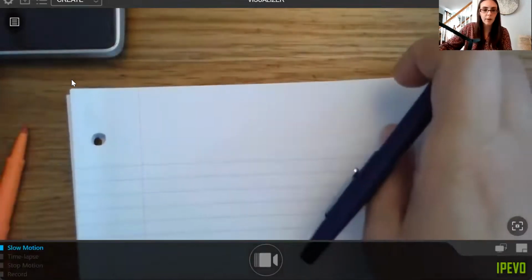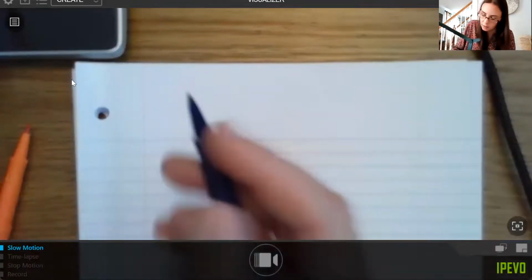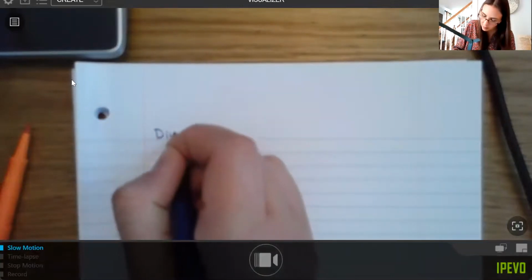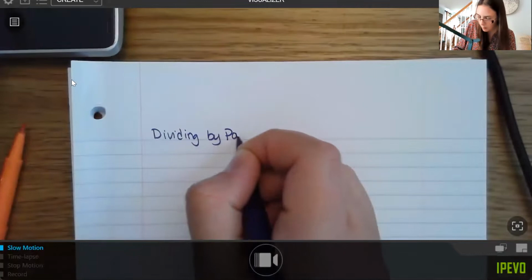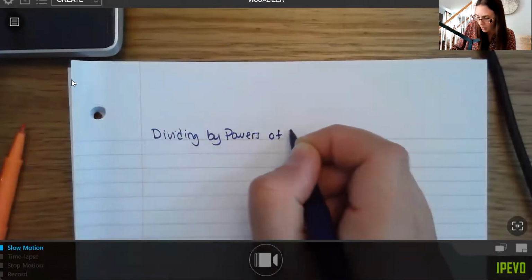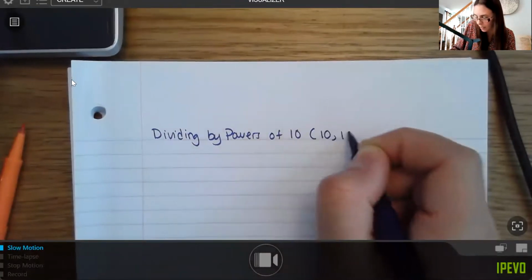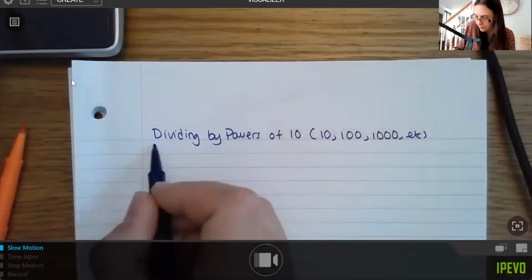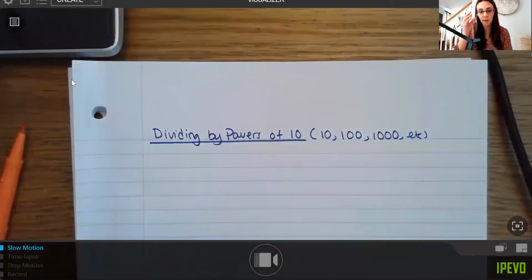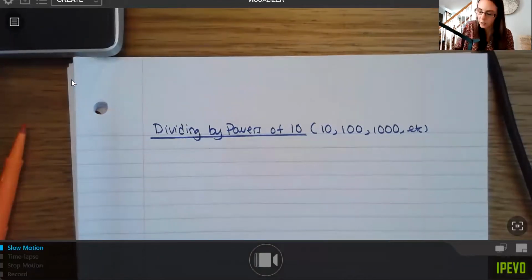I do also want to talk about a shortcut here as well. So dividing by powers of 10, so like 10, 100, 1,000, etc. And this is very similar to the multiplying one, but we're going to go in the opposite direction.